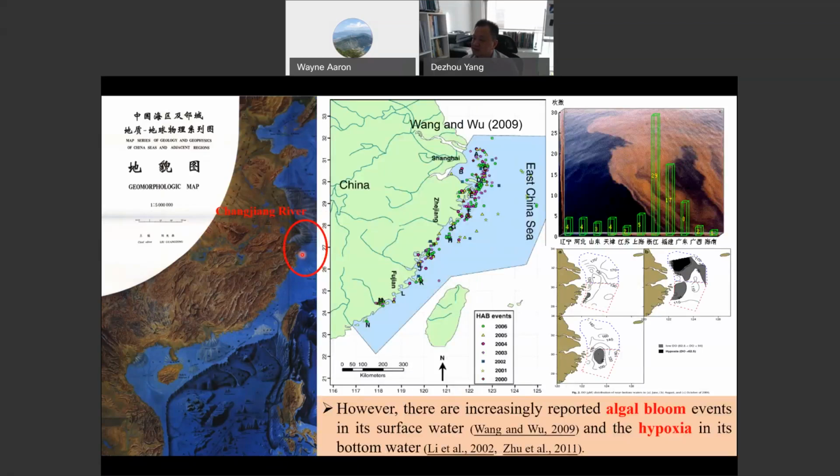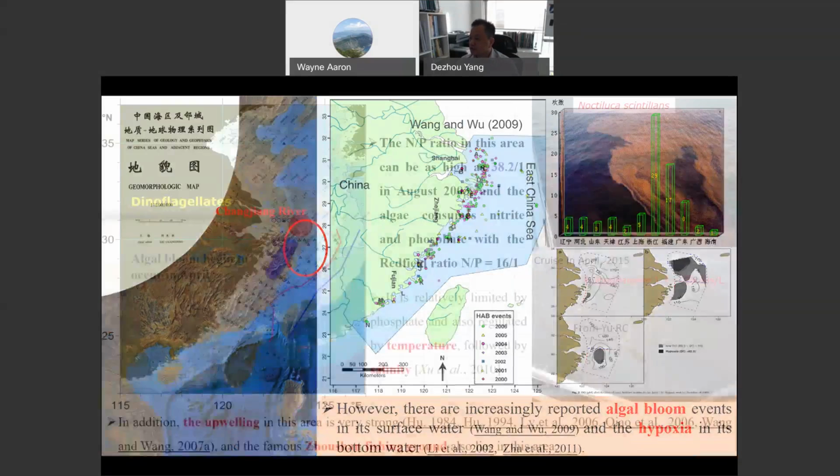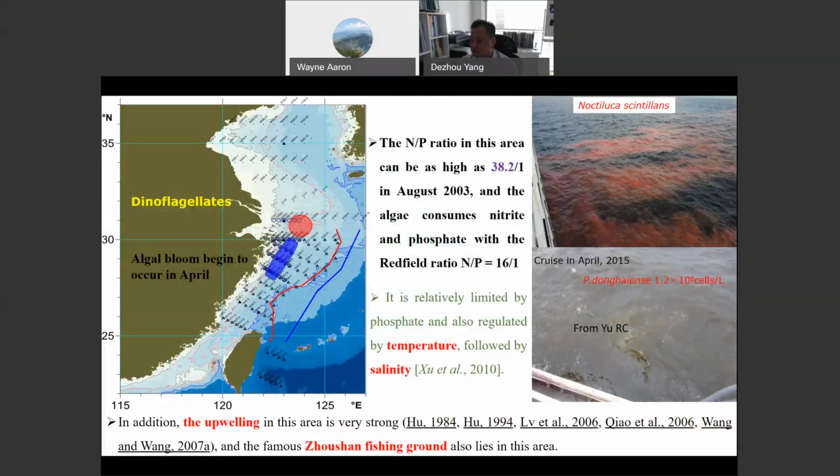My concern is in this area. In this area, there are increasingly reported algal blooms in the surface water and hypoxia in the bottom water. There's also a very strong upwelling in this area. The upwelling here is very strong. And there's a famous Zhoushan fishing ground in this area.